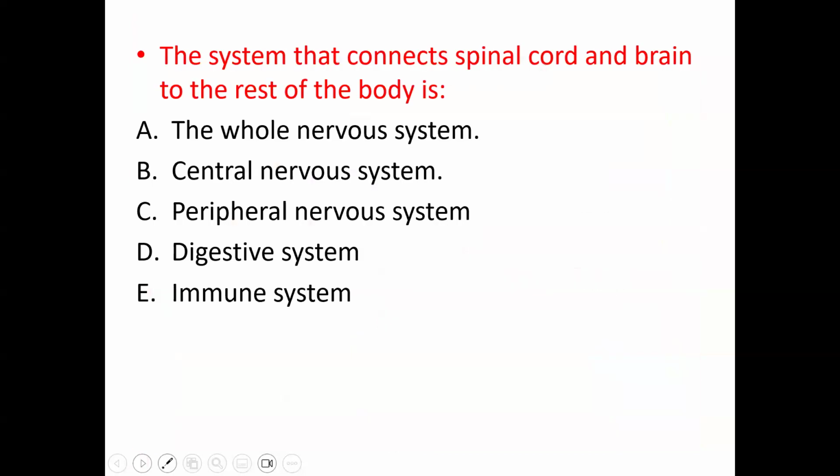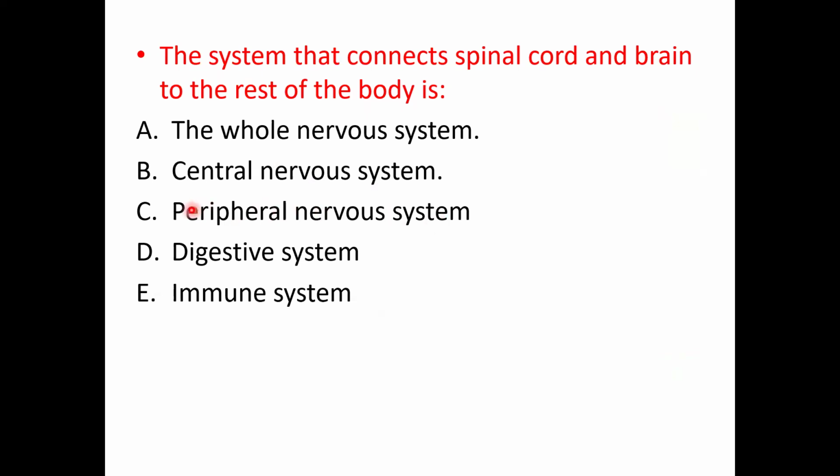Okay, let's start. The system that connects spinal cord and brain to the rest of the body is, read those carefully and try to answer. Yes, press pause and try to answer. Yes, exactly.